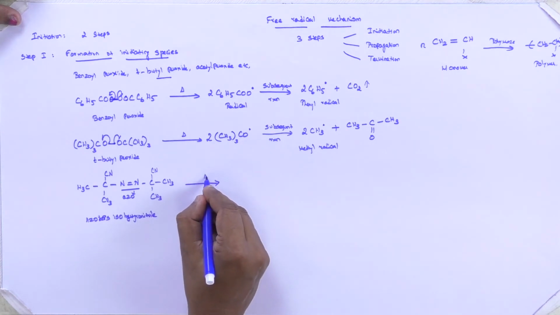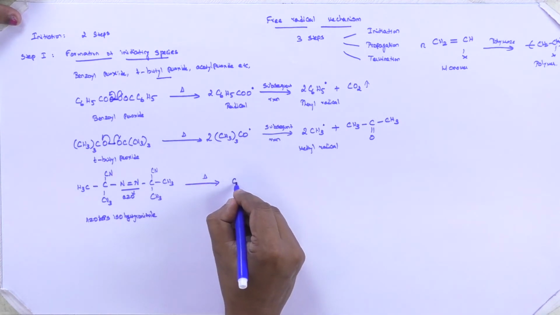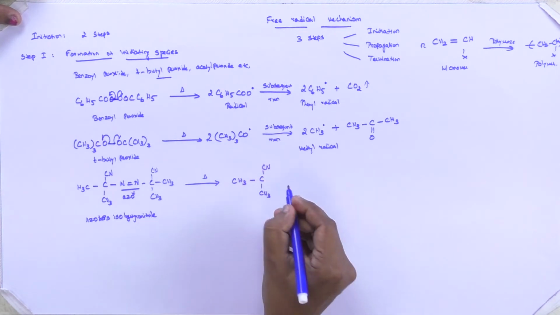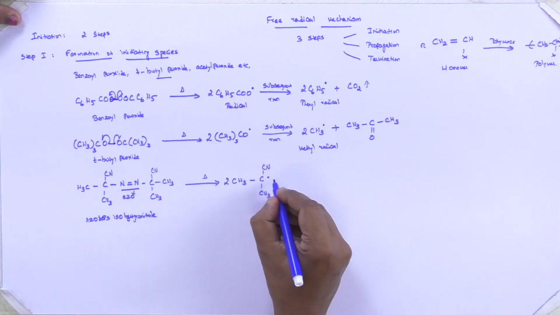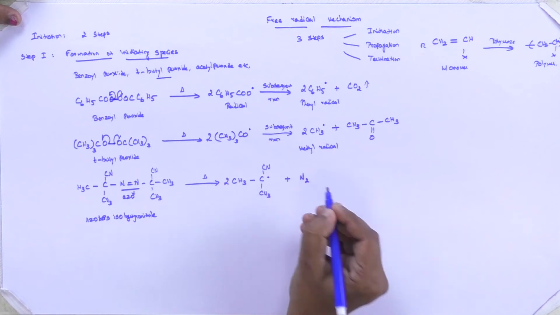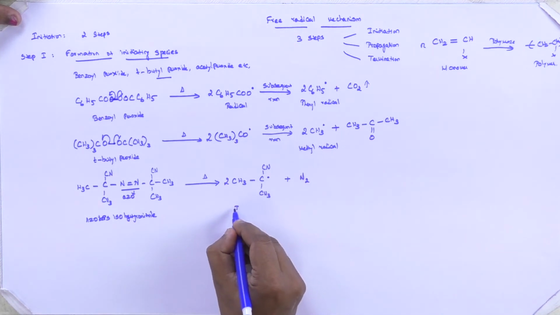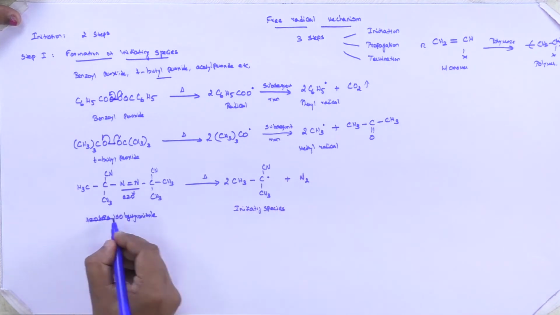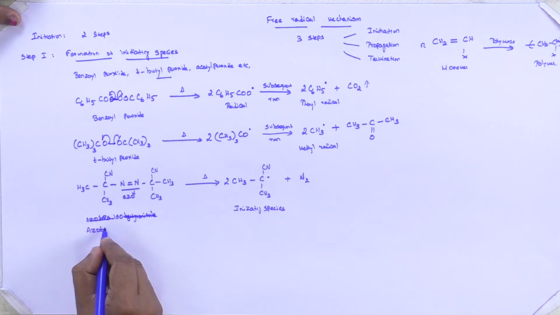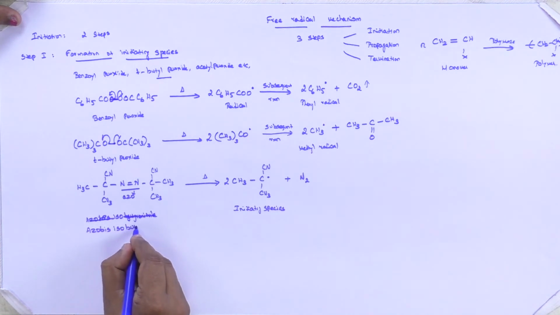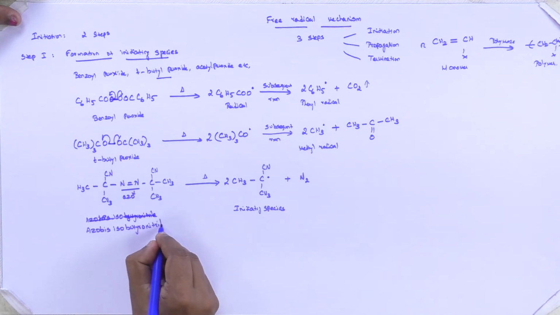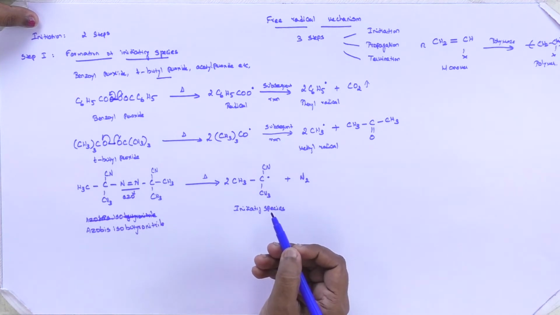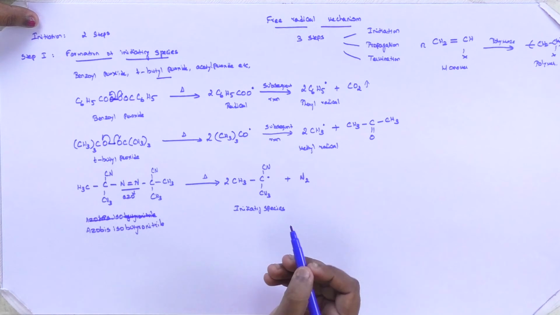On heating, you get a molecule like this, CH3-C(CN)-CH3 dot. So, two radicals plus nitrogen. This is your initiating species here. So, azobis isobutyronitrile is another example for the formation of the initiating species.